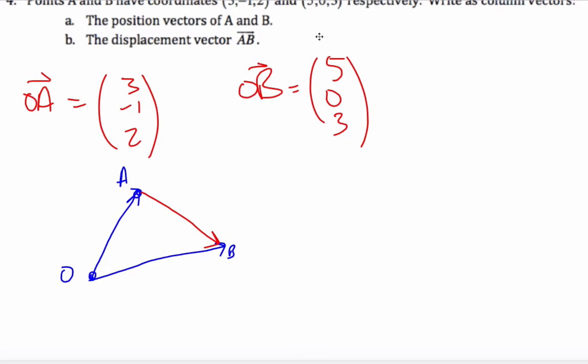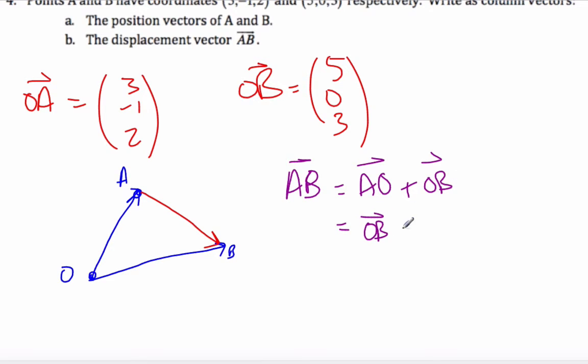And so if I'm looking for AB, I can go from A to O plus O to B, which is the same thing as writing OB minus OA.